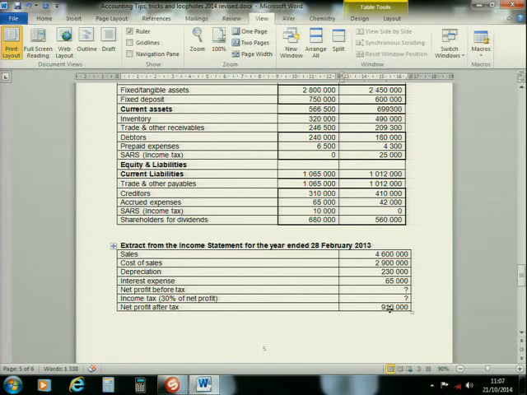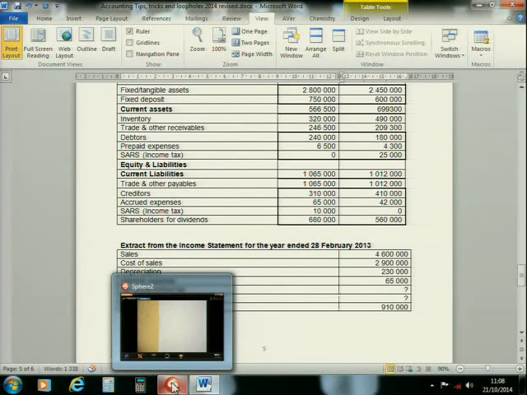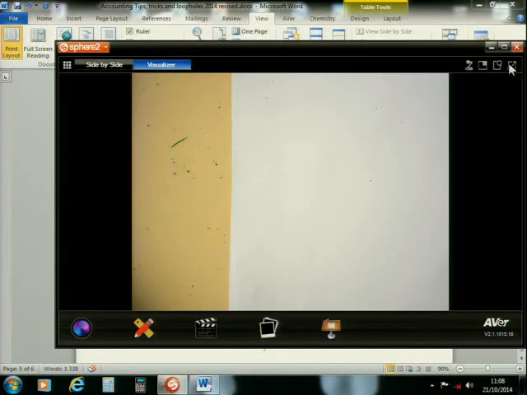And the income tax is 30% of your net profit. So what we need to determine is net profit before tax, which is not given. But we've got the information: income tax is 30%, and net profit after tax is 910,000. Let's do the calculations.